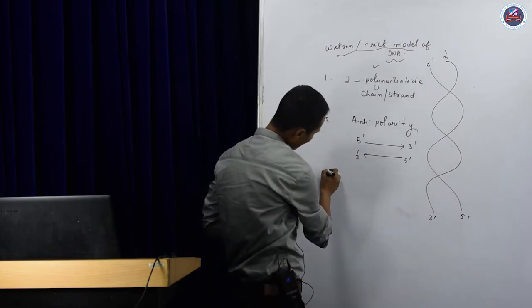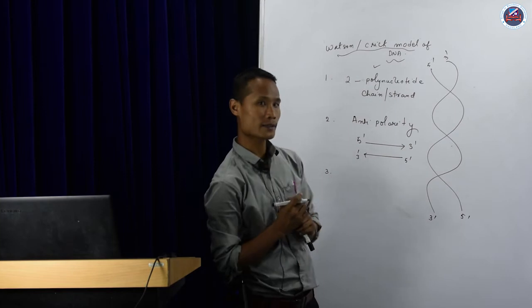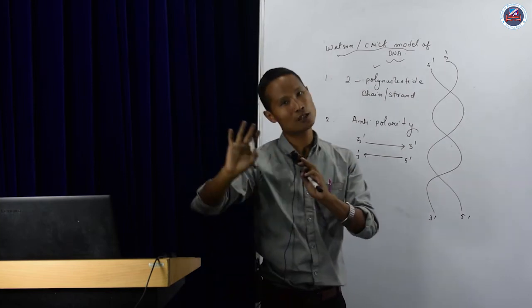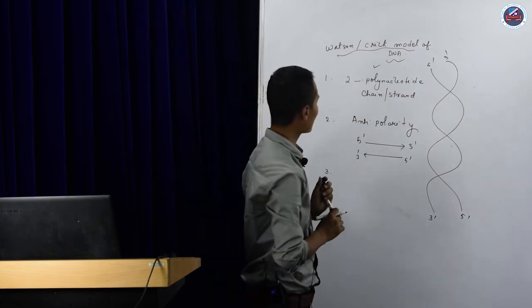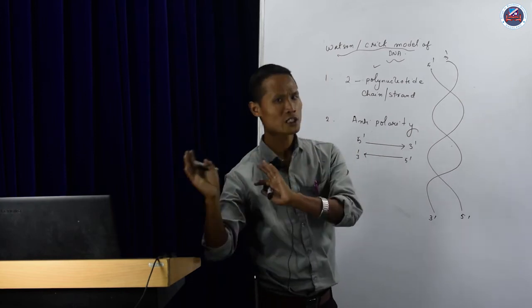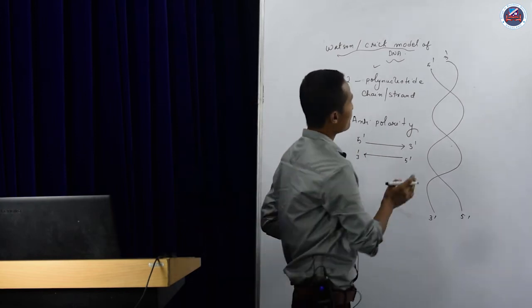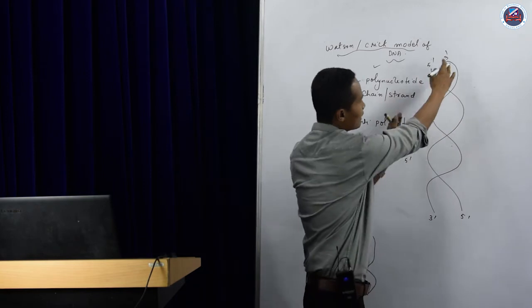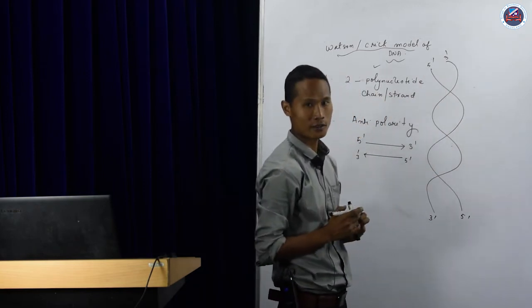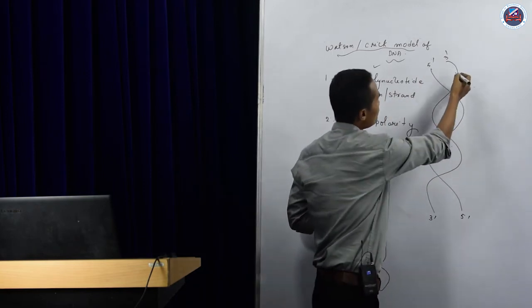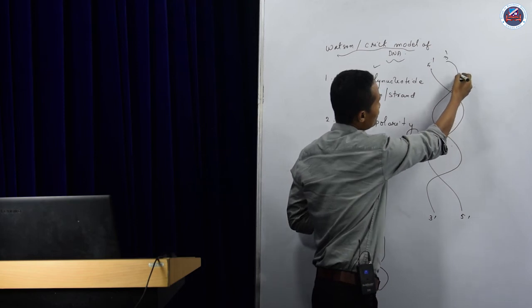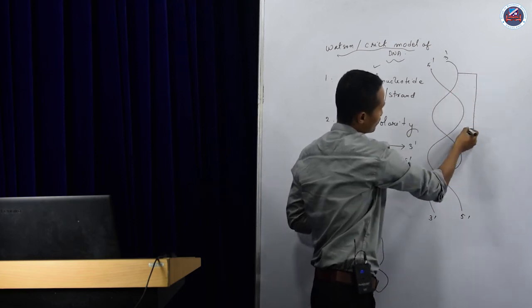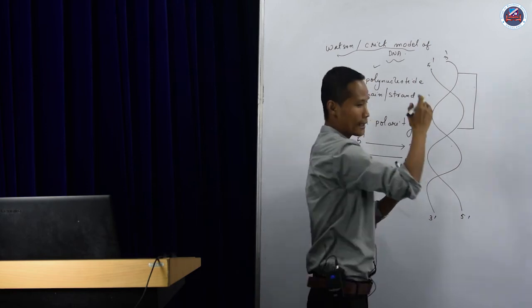The third important point is what they have already explained with the help of Chargaff's rule: if adenine is there, there must be thymine. Now let me assume that this is a helical structure of DNA. Say from here to here is one helical turn.